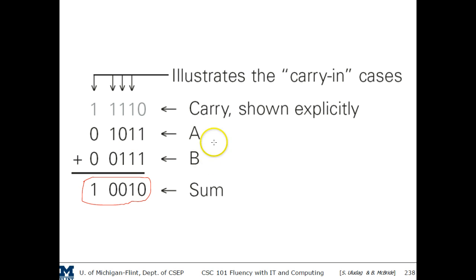So again, let's check real quickly to see what we have here. We have an 8 plus a 2 plus 1 for an 11 as A. And then we have a 4 plus a 2 plus a 1, equivalent of 7.